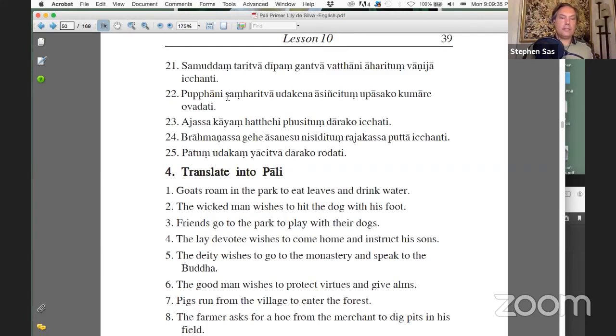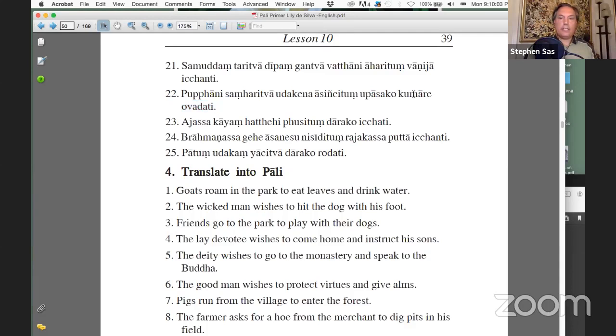So as you said, we can start with our absolutive, having collected flowers. Notice this is our neuter accusative, that ani suffix plural. Having collected flowers, then we go to our nominative, the subject, the lay follower, Ovadati, advises.